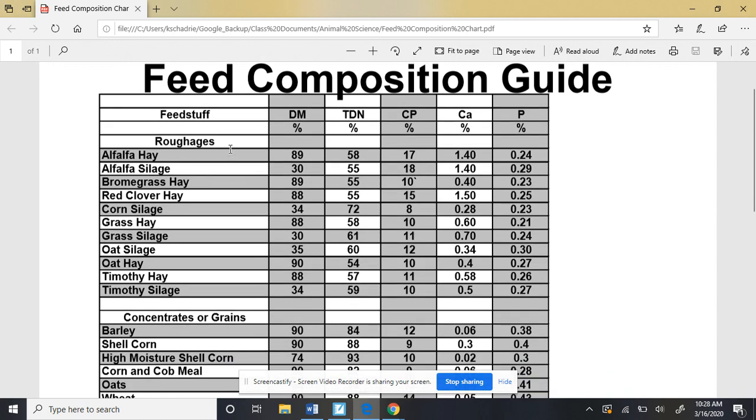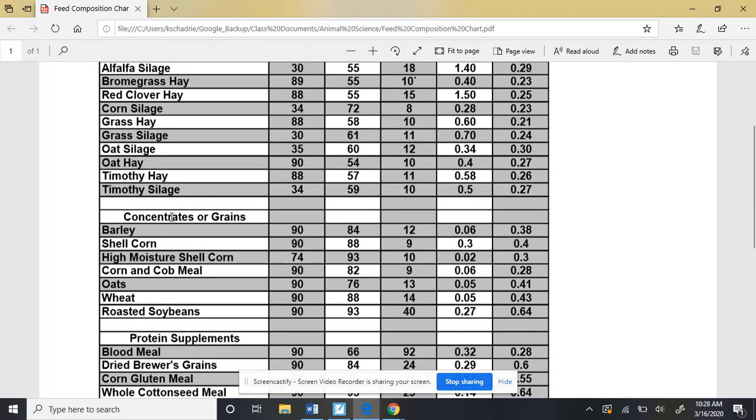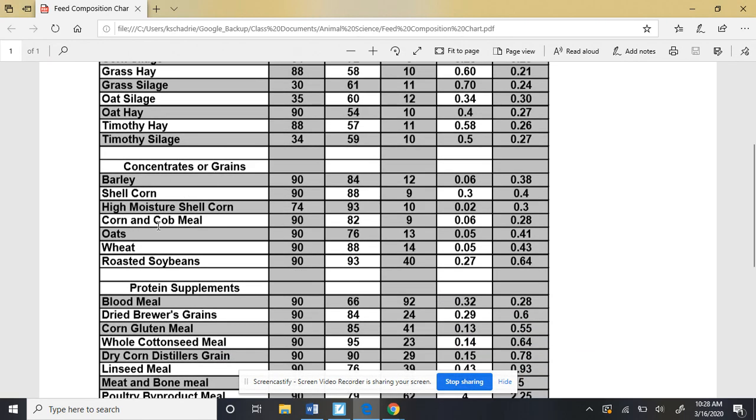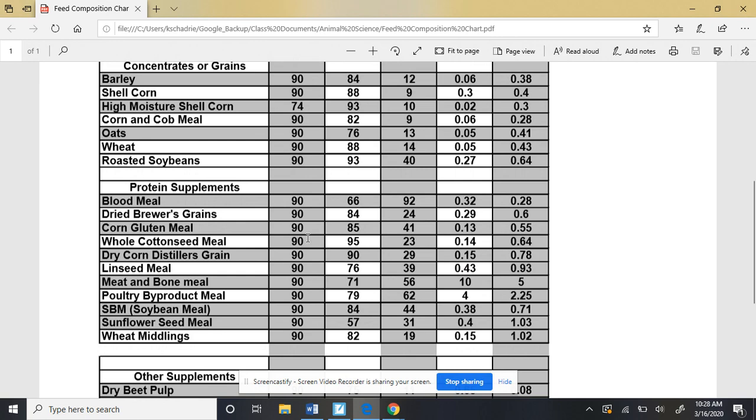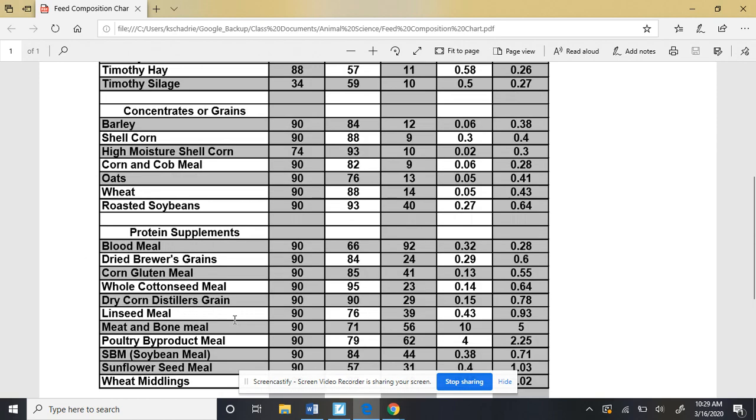So you can see that it's broken down into different categories: roughages, things that tend to be higher in fiber; concentrates and grains, which tend to be higher in other nutrients; protein supplements, which obviously tend to be higher in protein, extremely important for animals that are being used for reproduction and/or lactation; and then other supplements that help to meet other nutrient requirements, often different vitamins and minerals.